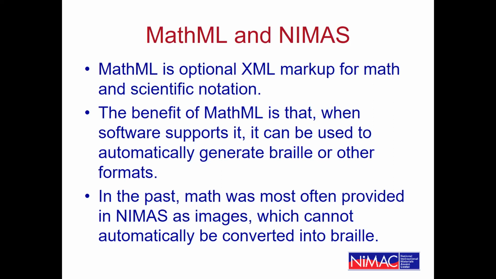When that content is created in the NIMAS format, those equations are also images in the NIMAS file. Obviously, images cannot be automatically converted into Braille. So one of the benefits of MathML is that it is XML markup that can be used to automatically generate Braille and other accessible formats.